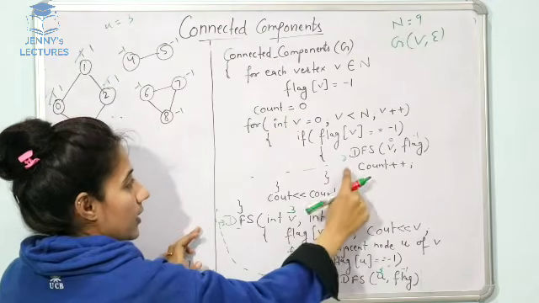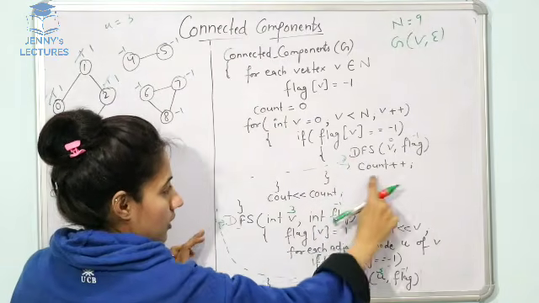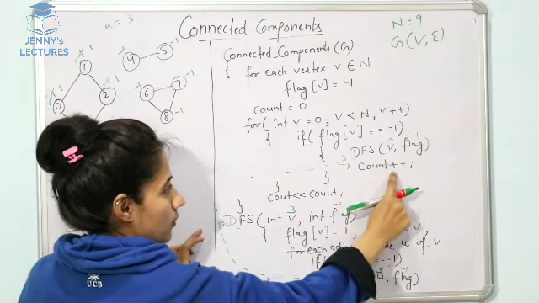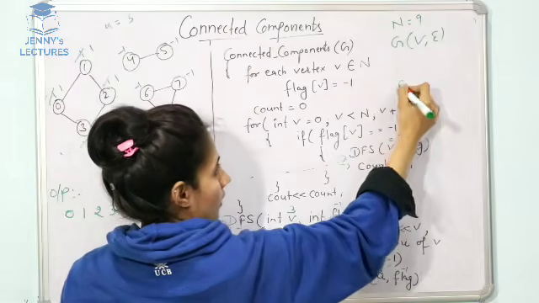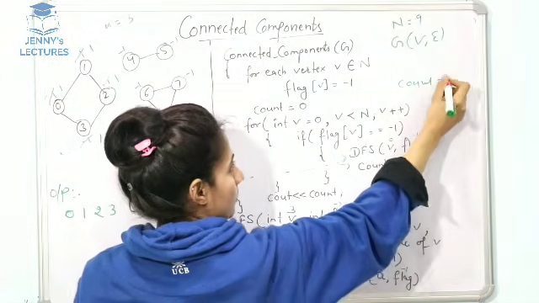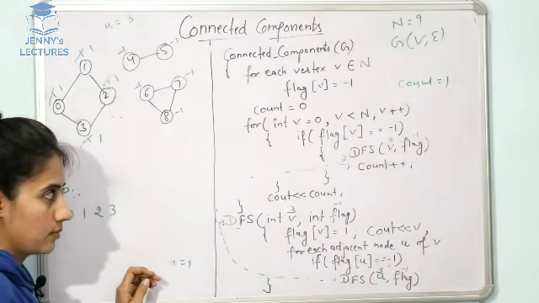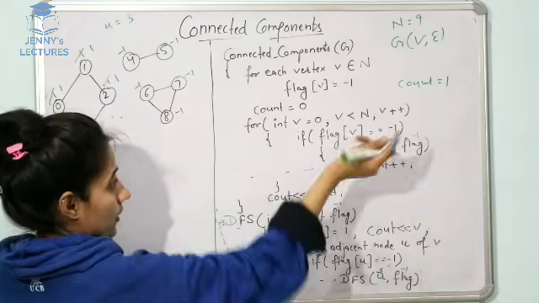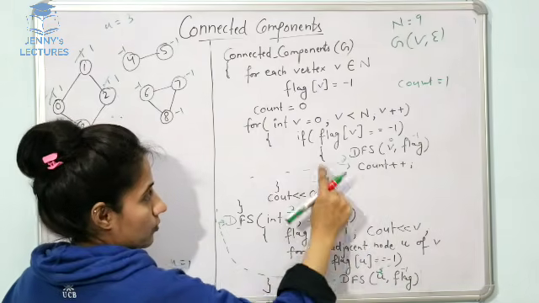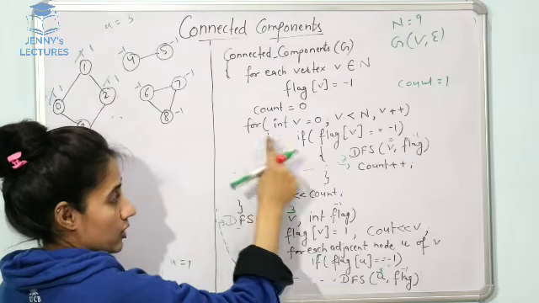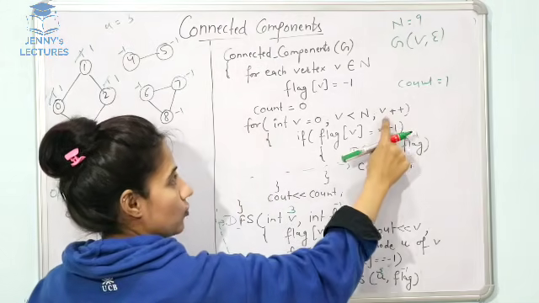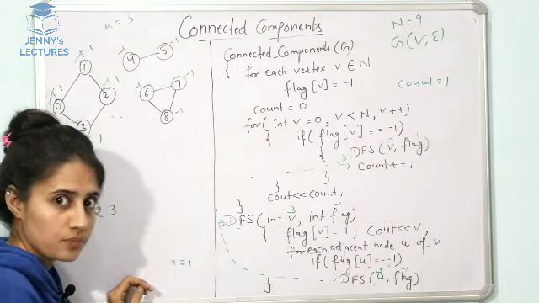Now what would happen? Count plus plus. Count value is 0. Now count would become 1. We will be out from this if statement, but we are not out from this for statement, because here v plus plus would happen.